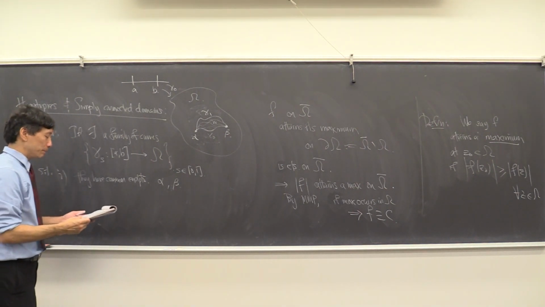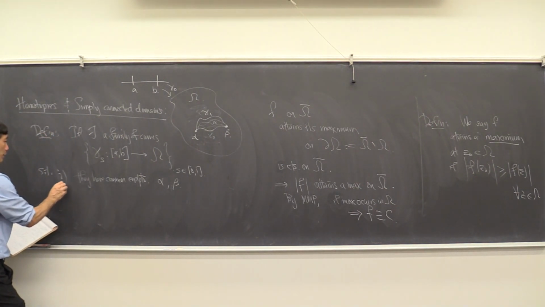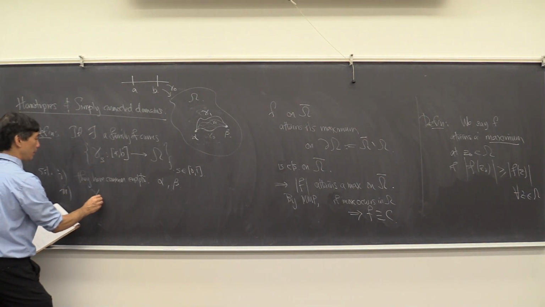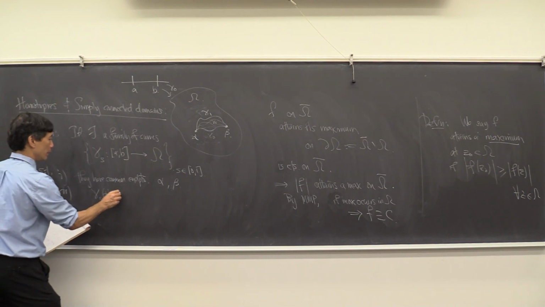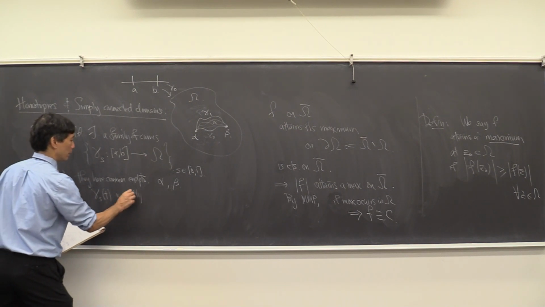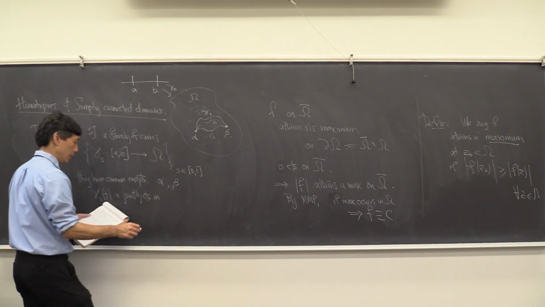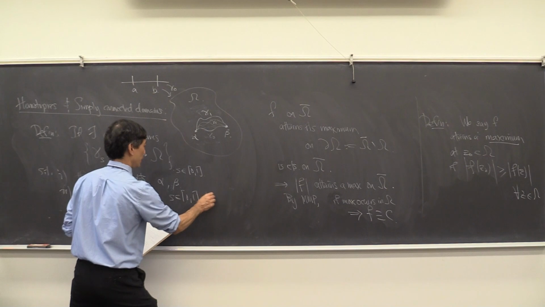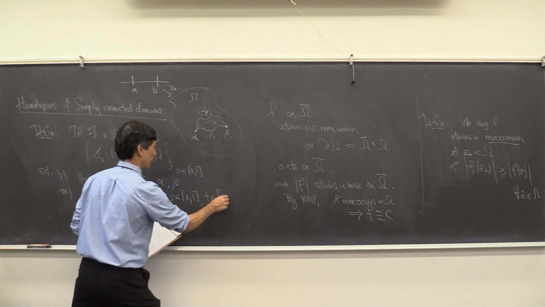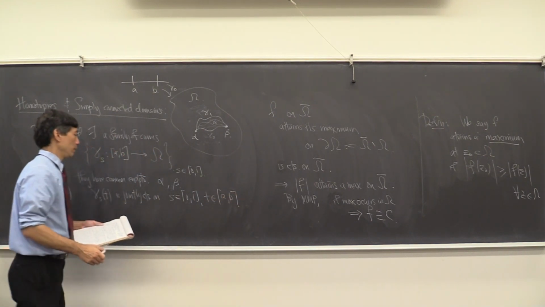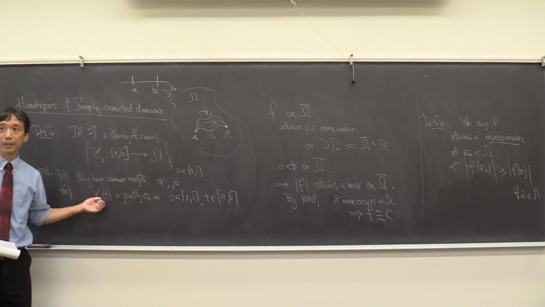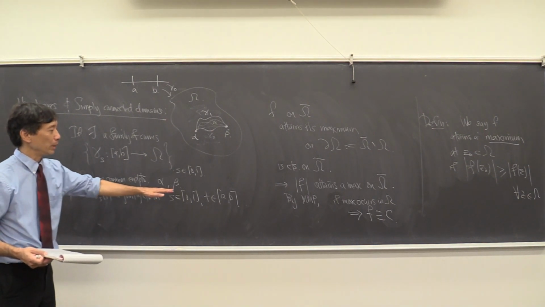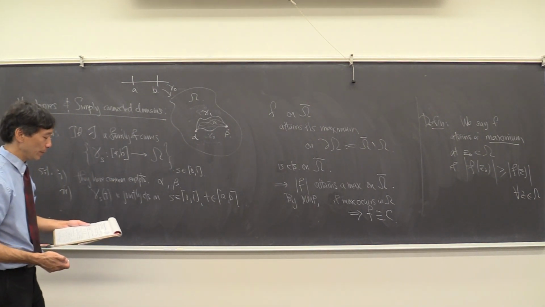Okay. Second, this function here, gamma s of t, is jointly continuous for s in [0, 1] and t in [a, b]. Okay, so it's continuous in each variable on this product domain.